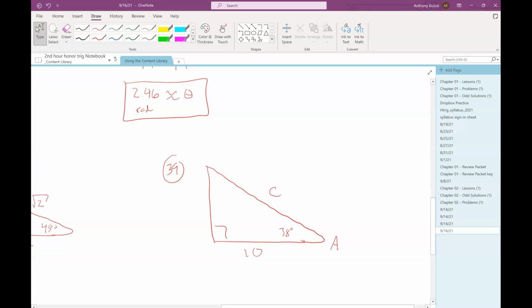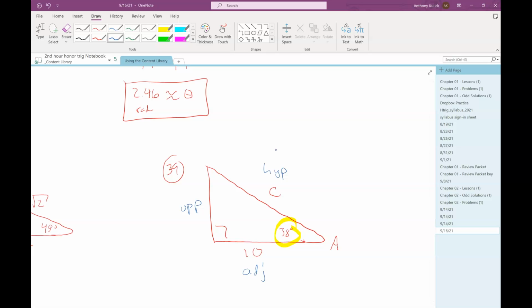Okay, there. So the angle that I know is the one that I'm going to worry about. Relative to the 38, the 10 is the adjacent, the blank side is the opposite, and the side we're interested in is the hypotenuse.